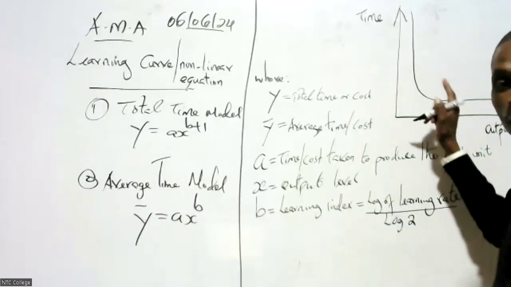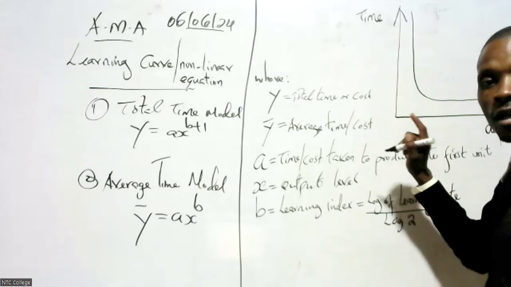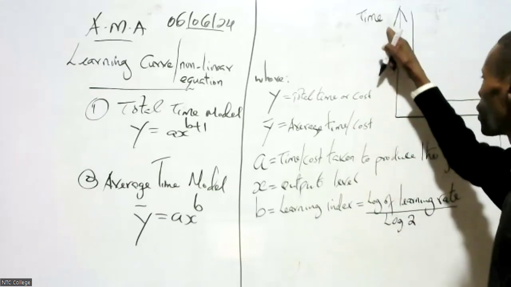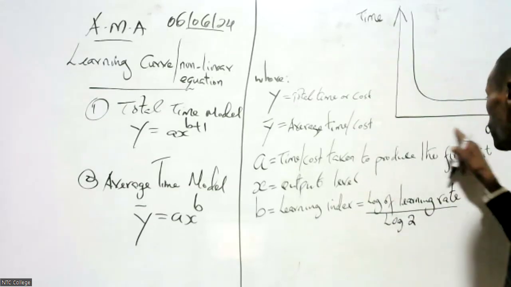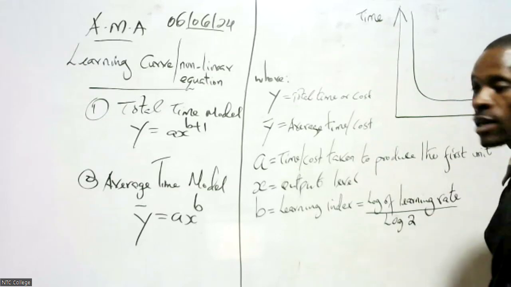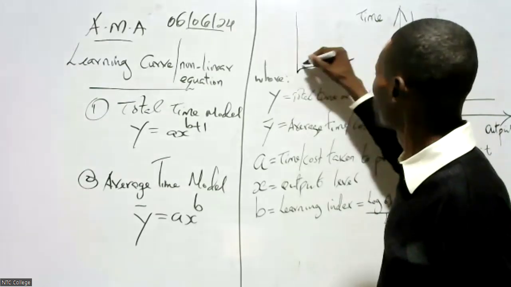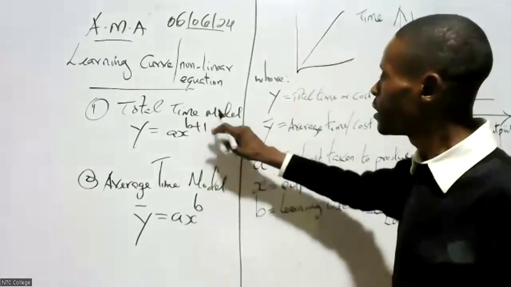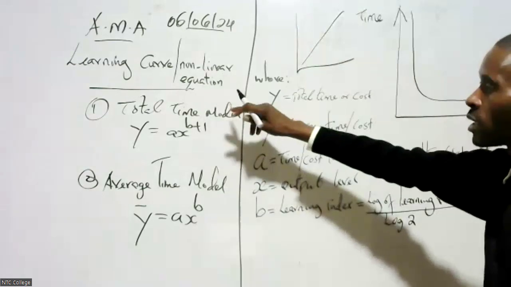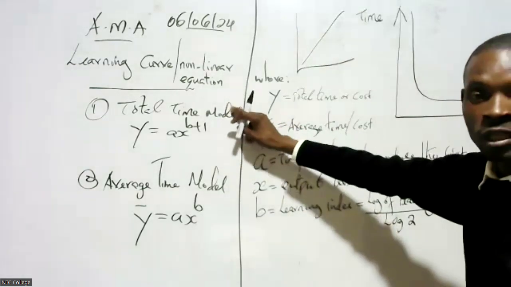But before you hit the veteran area, you will be reducing time as units increase. That is the inverse, as opposed to linear. Linear is straight like that, but this is non-linear. That's why it is also called a non-linear equation.